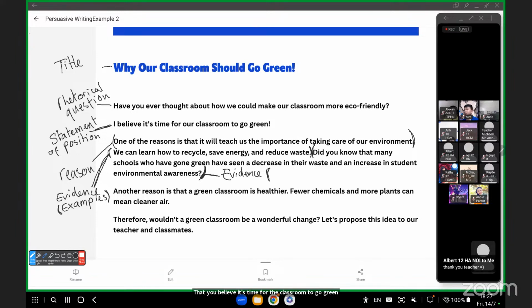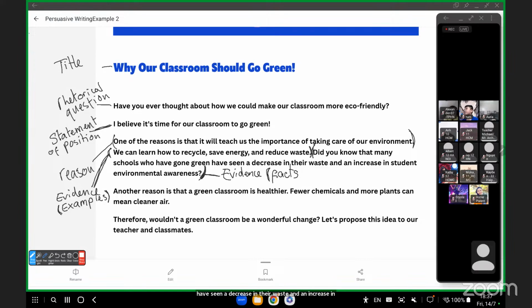So this type of evidence, we could call facts. So there are many schools that have gone green and they have seen a decrease in their waste and an increase in student environmental awareness.